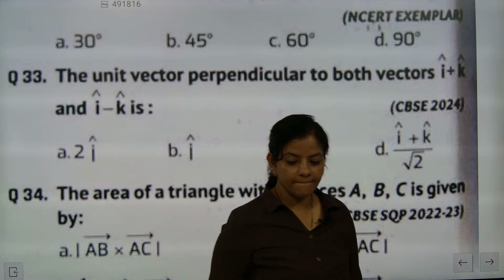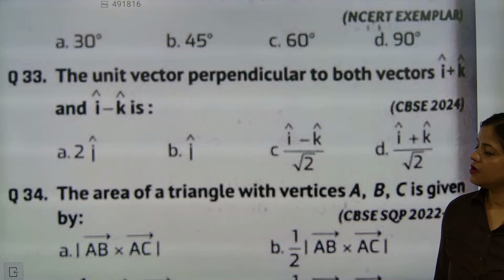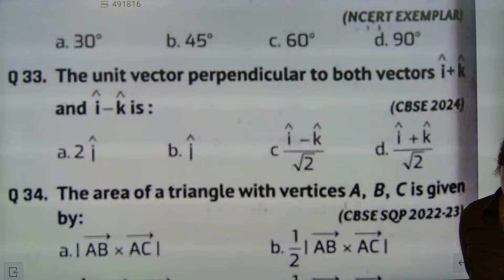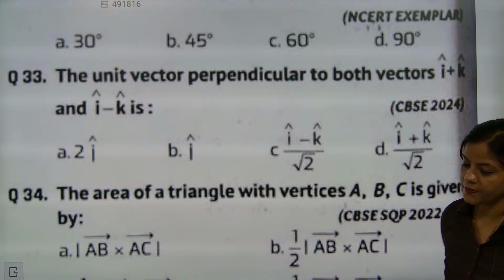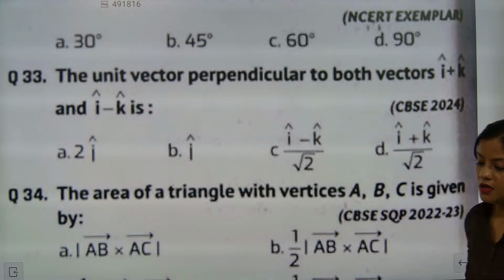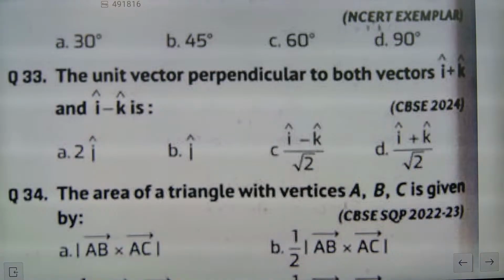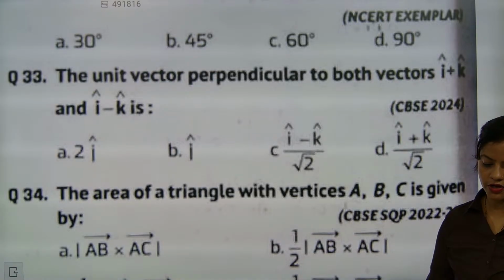Option D. Okay. Question number 33, option is D. Try one more time. Wrong answer, beta. Check one more time. Then vector perpendicular to both this and this. Dot product. Go for it.